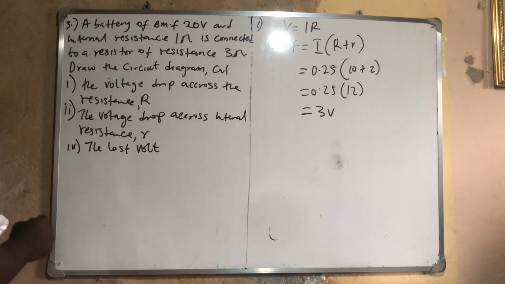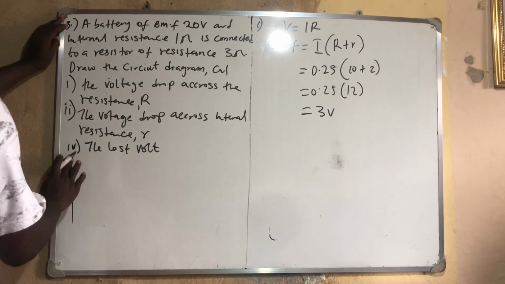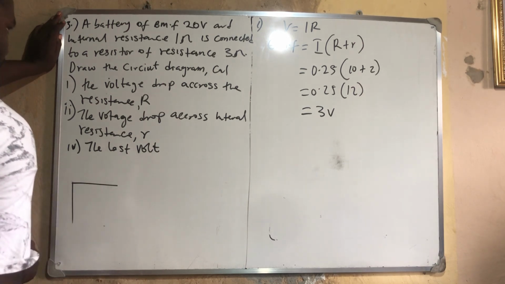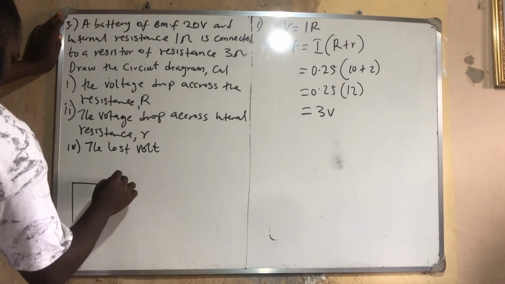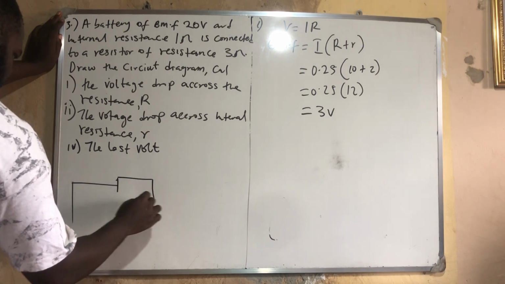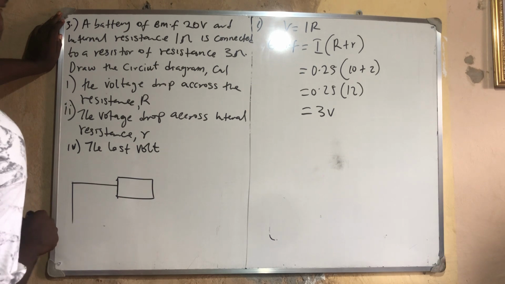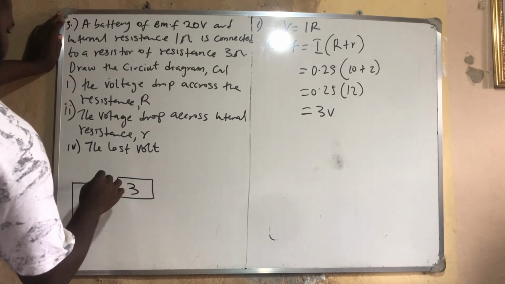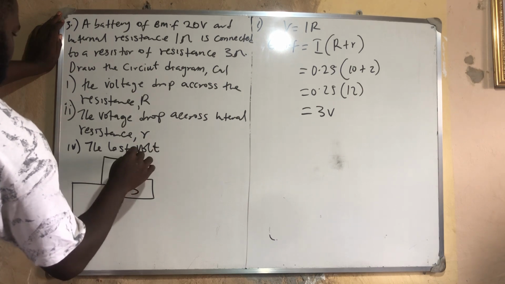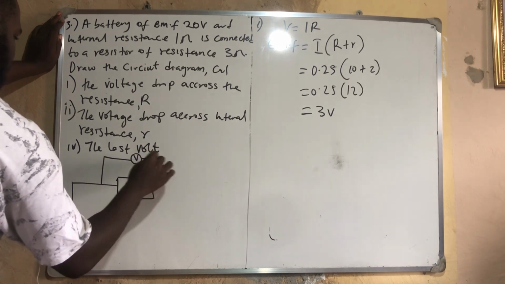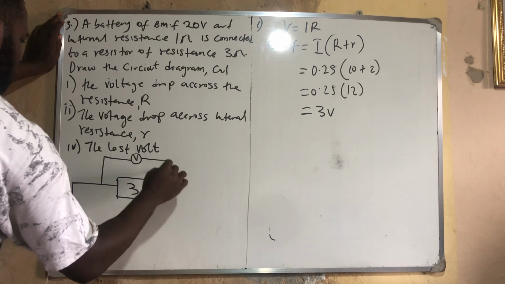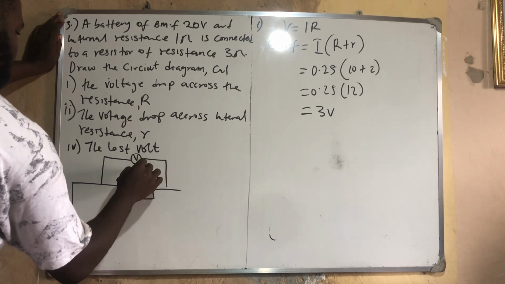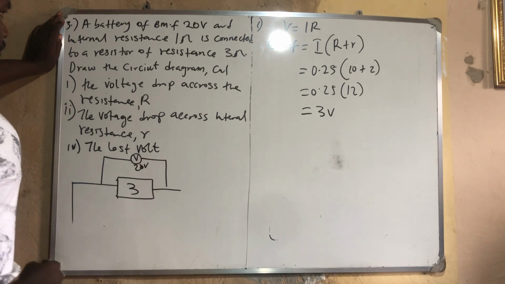Okay, the first thing they say we should do is to draw it. Drawing it is very, very simple. The first thing you draw is it has an external resistor. This is the external resistor, and that external resistor is your 3.